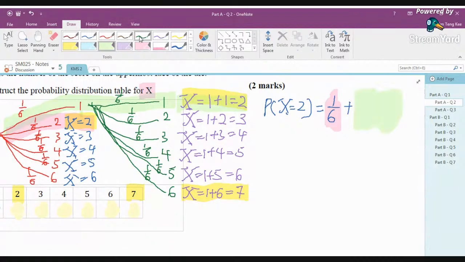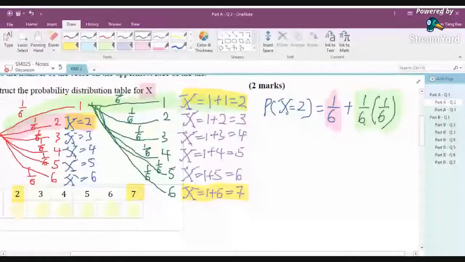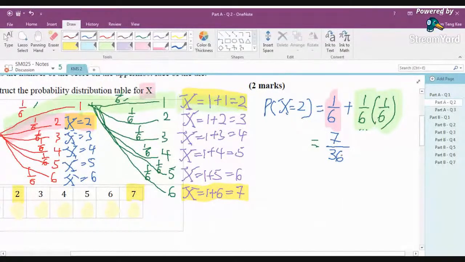That is 1 over 6 multiplied by 1 over 6, where the first 1 over 6 is the probability of getting 1 in red, and the next 1 over 6 is getting the second 1 in green. As a result, with a quick calculation from your calculator, I have 7 over 36. So this is how I get P(X = 2).